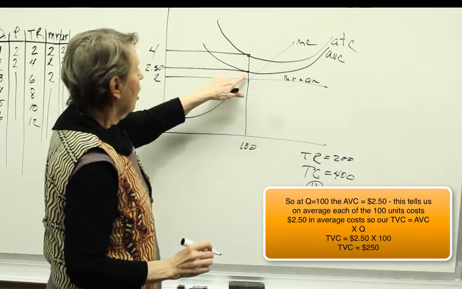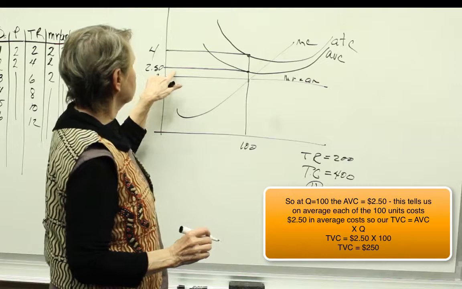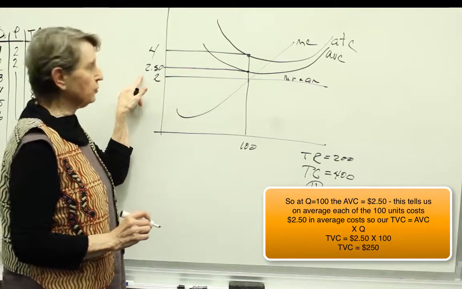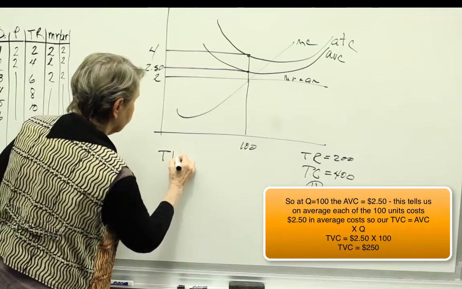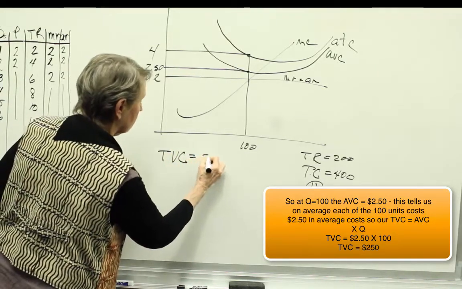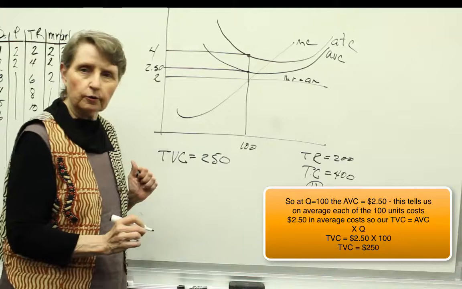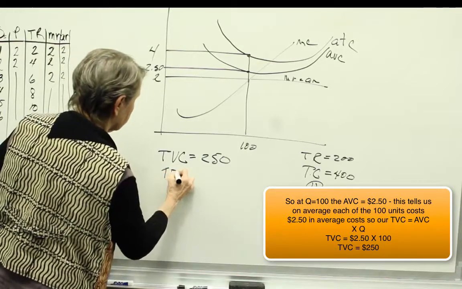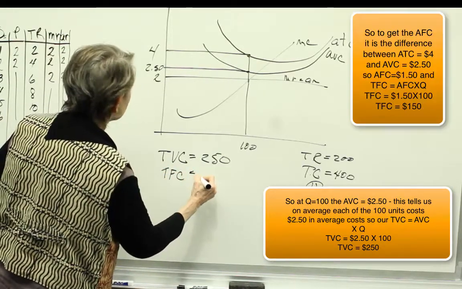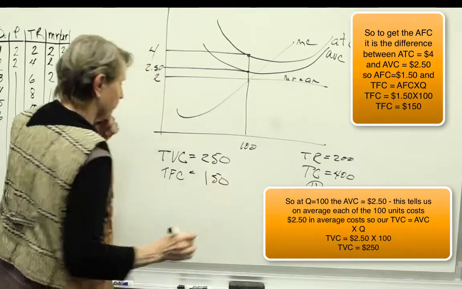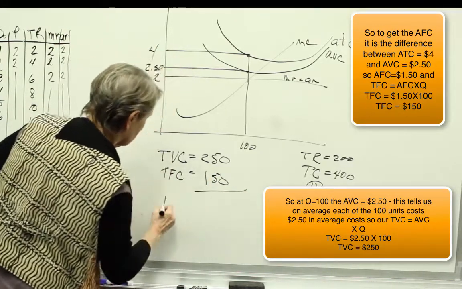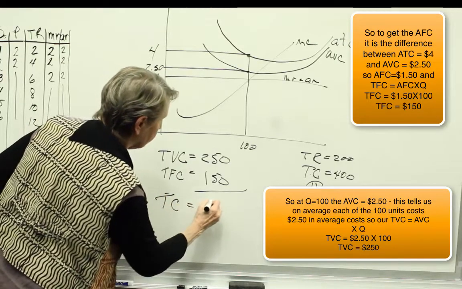At 100 units, on average, the variable cost associated with each one of them is $2.50. So total variable costs equal $250. My total fixed costs then equal $150. So my total costs equal $400.